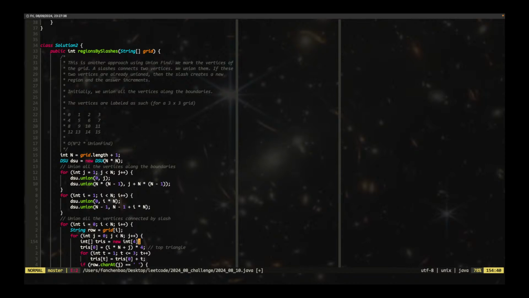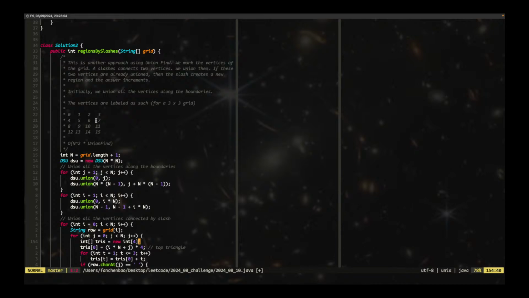So now we need to convert the index, right? How? This is 0, 1, 2. This is 3, 4, 5.